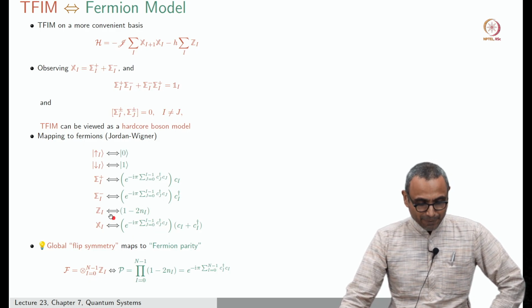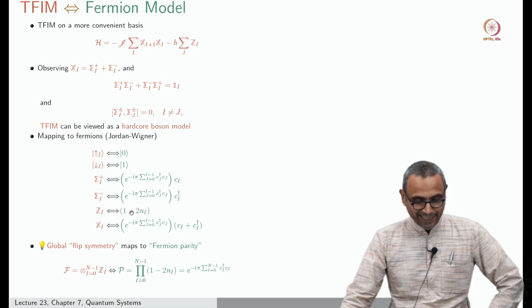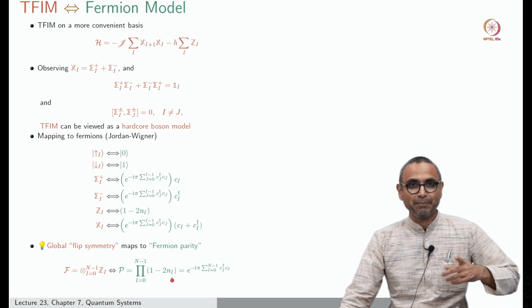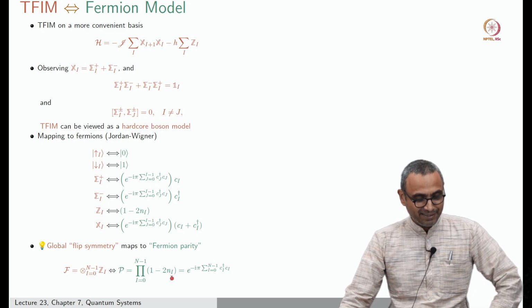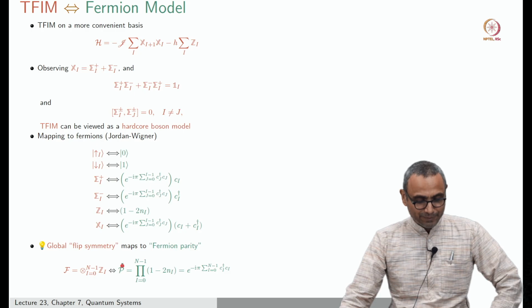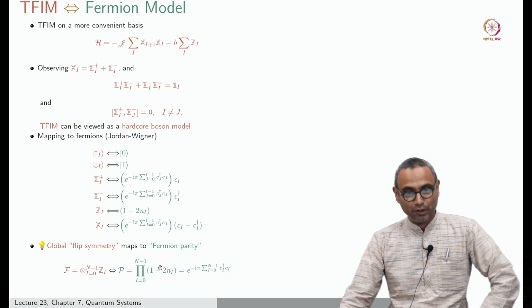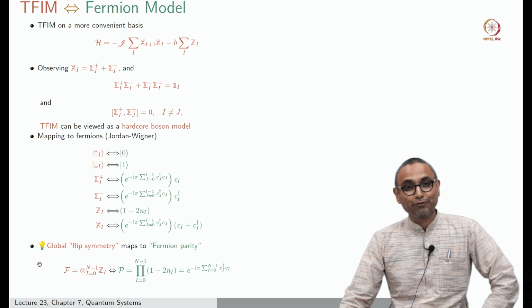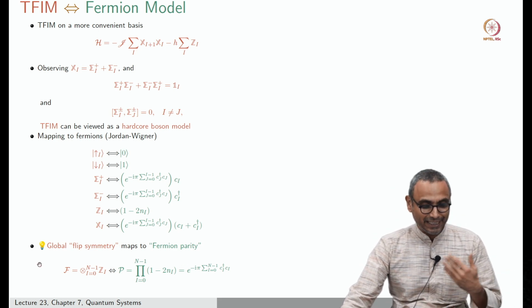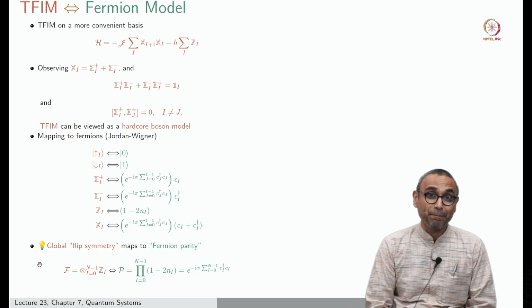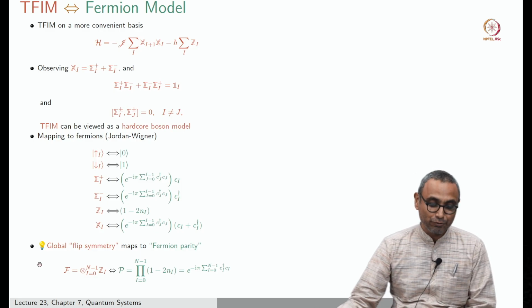Using the mapping that Z_i goes to 1 minus 2 n_i, and remembering that 1 minus 2 n_i is the same as e to the minus i pi times n_i, you will see that this object turns out to be the parity operator. So the flip operator on the qubit side maps to the parity operator on the fermion side.